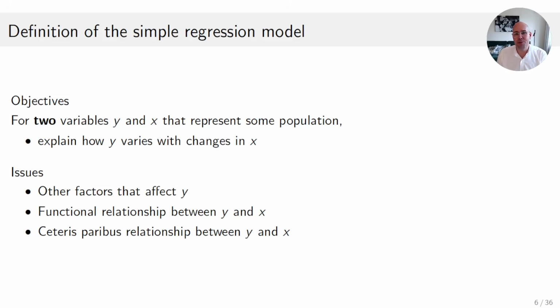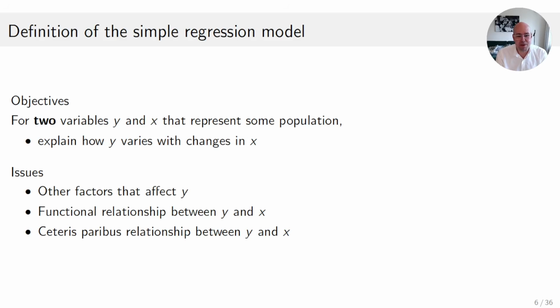A few issues that may stand in the way. So other factors could affect y. Okay, so there could be other factors other than x that determine our y. So how are we going to deal with those? Second, we want to understand how y varies with x. So we're going to have to somehow think about a functional relationship between y and x.